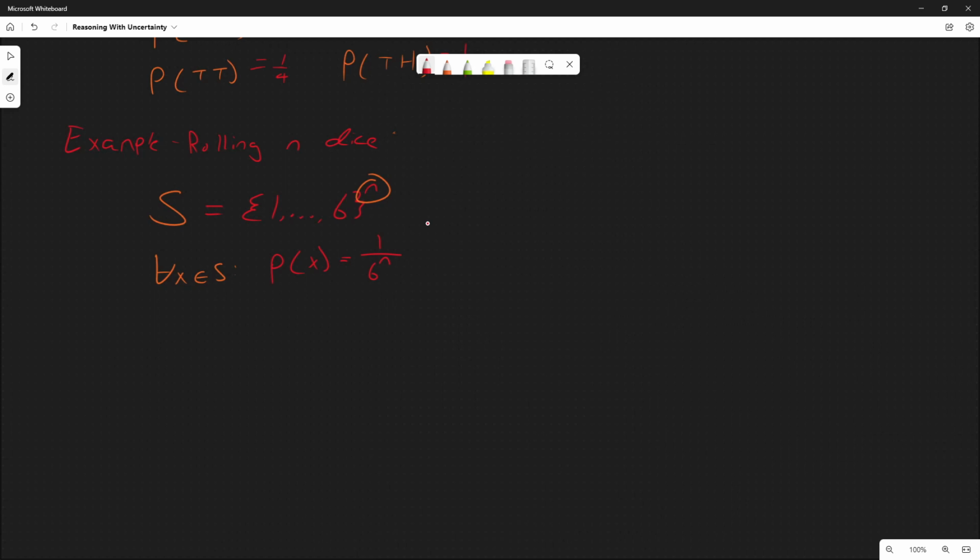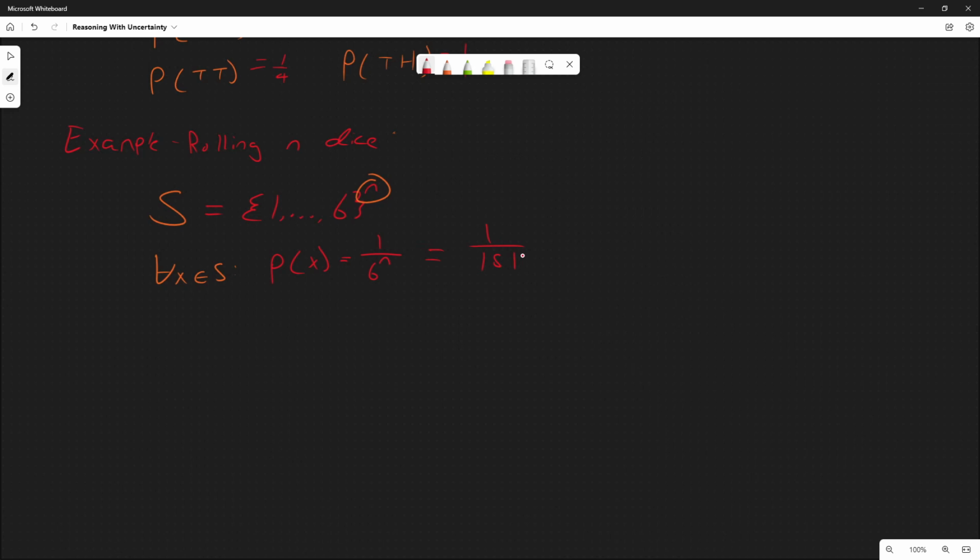Well, the number of elements in our sample space S is 6 to the power of n. And of course, each one of those is going to be the reciprocal of the number of elements. So this can be shortened to really 1 over the cardinality of S. The number of elements in S, the reciprocal of that is the probability of each outcome, presuming a uniform distribution. This is how you can figure this out.